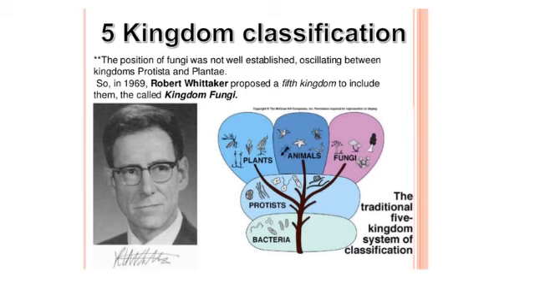Based on these three criteria, cell type, level of organization, and nutritional type, he classified the life forms into 5. Another important factor is that he gave a position to the fungi in this classification. The fungus was not well established, oscillating between the kingdoms Protista and Plantae.